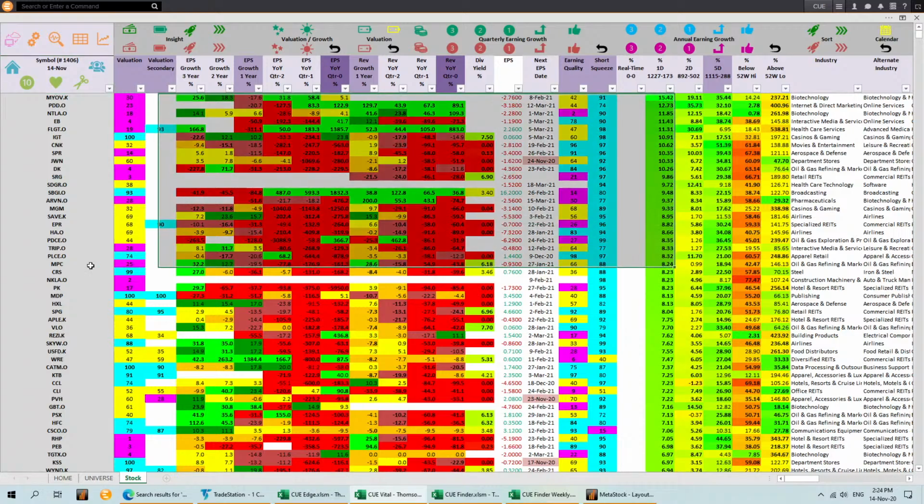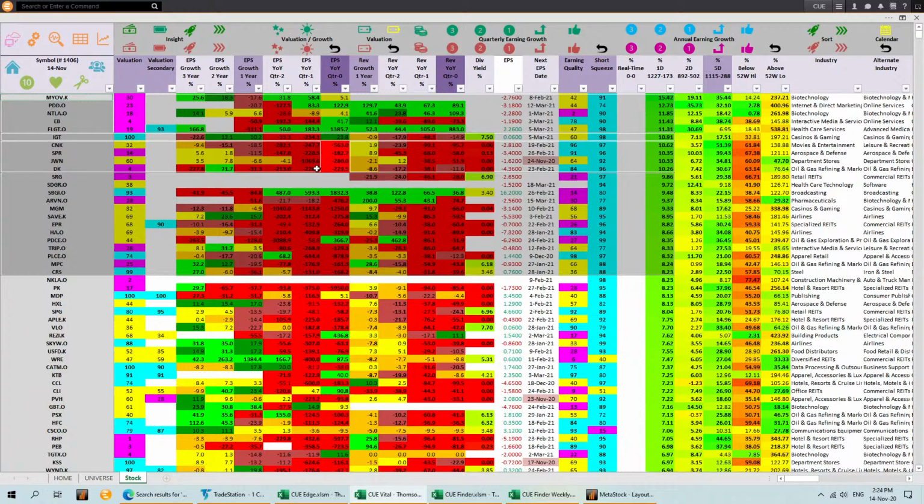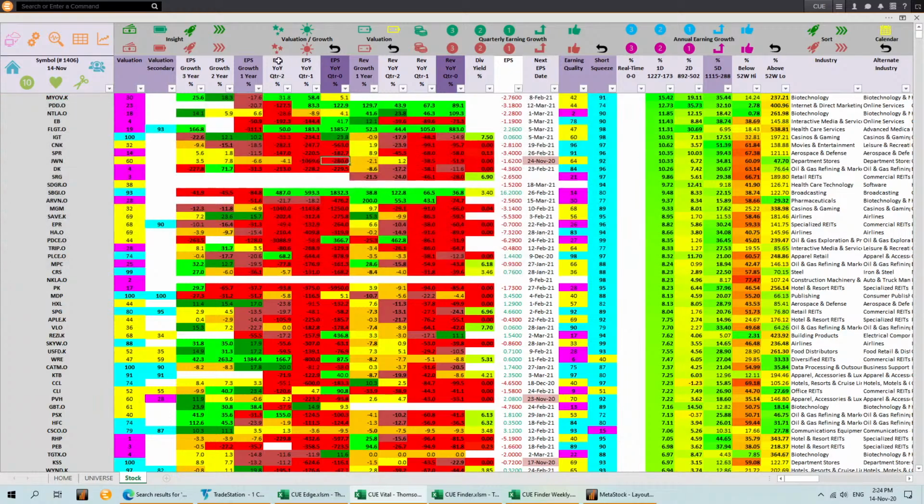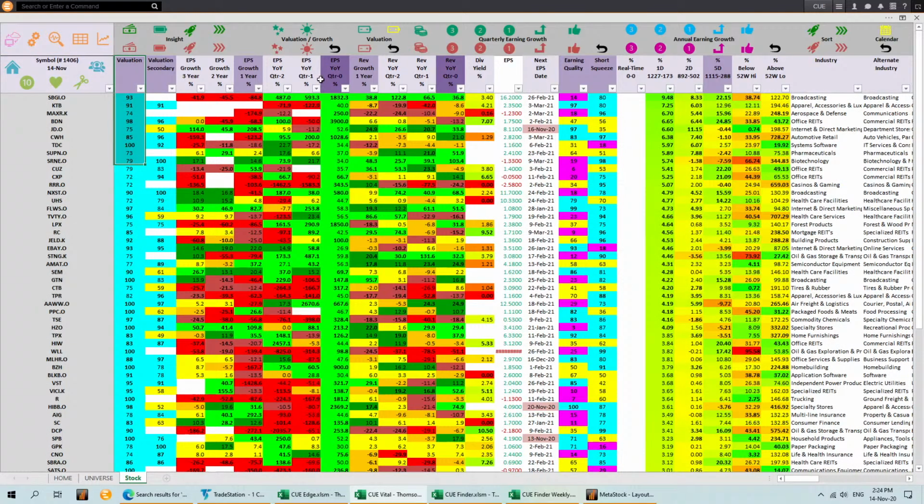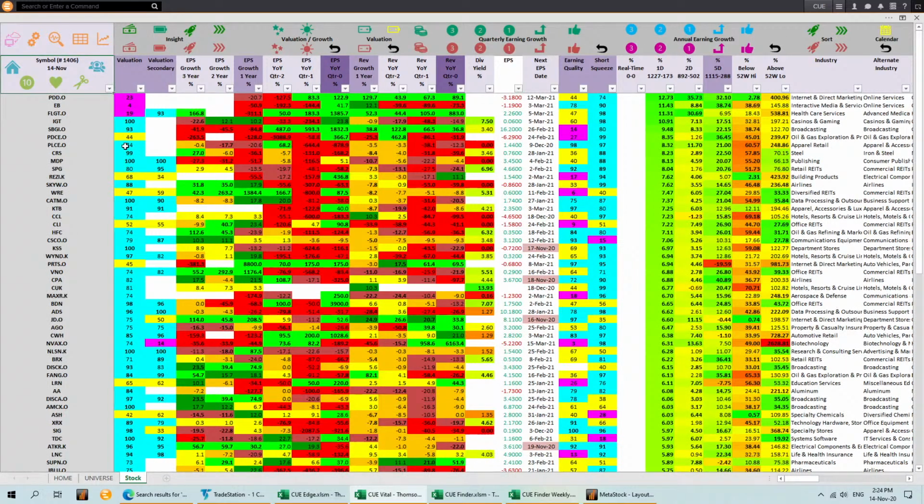However, some of them have poor valuation, poor earnings growth, so I don't want to buy. I want to buy stocks that have both great valuation and great earnings growth in the last quarter, or at least one of them.